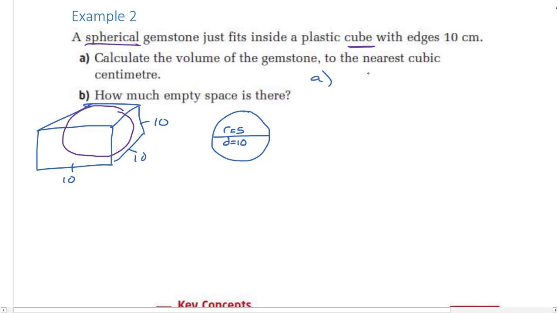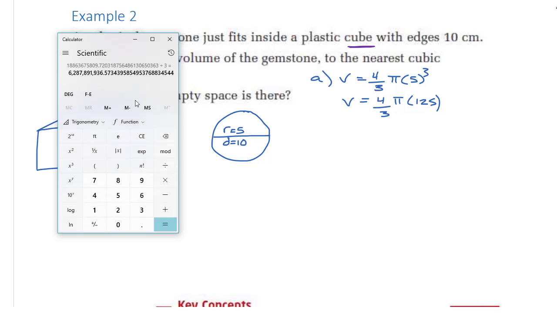Okay, so part A. Calculate the volume of the gemstone to the nearest cubic centimeter. Volume is 4 divided by 3 times pi times the radius, which is 5 cubed. What I would do first is 5 cubed. What's 5 cubed? That's 125. Let me get my calculator back up here again. Clear that out. So 5 to the power of 3 is 125.